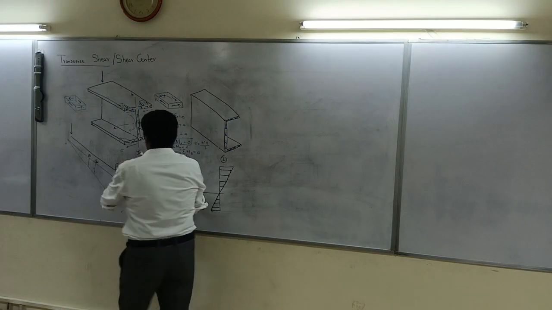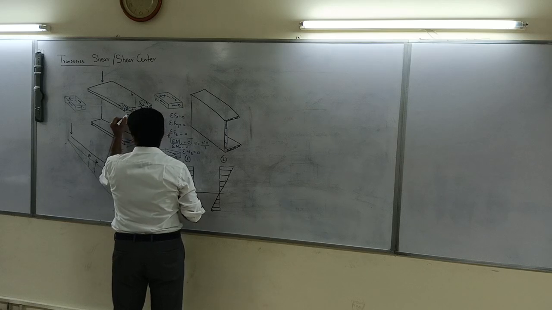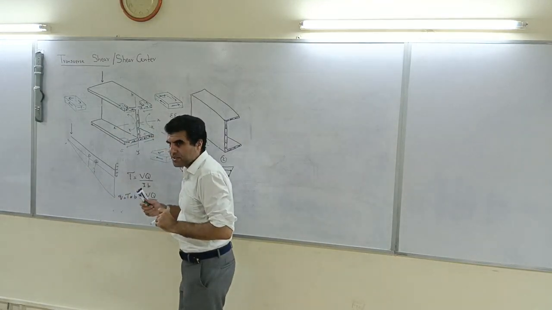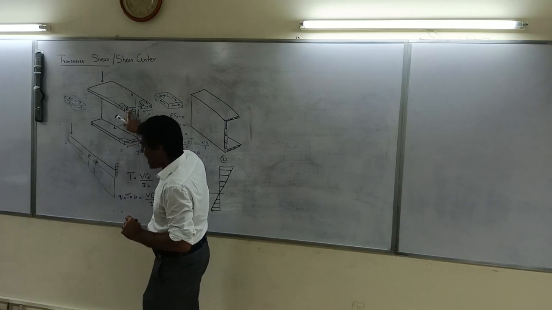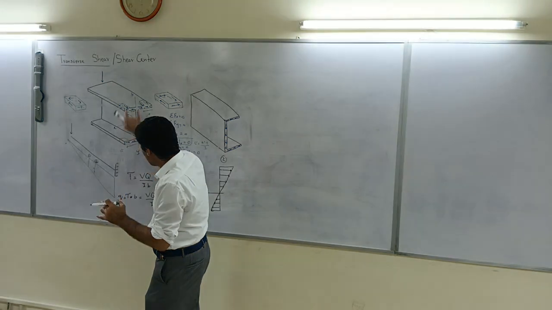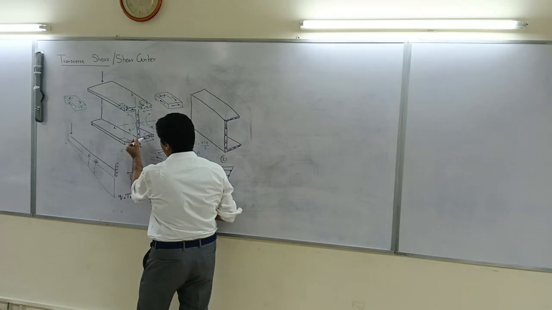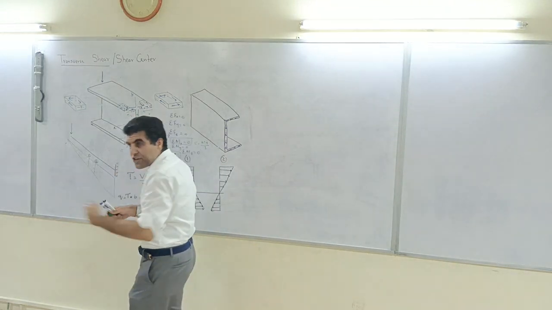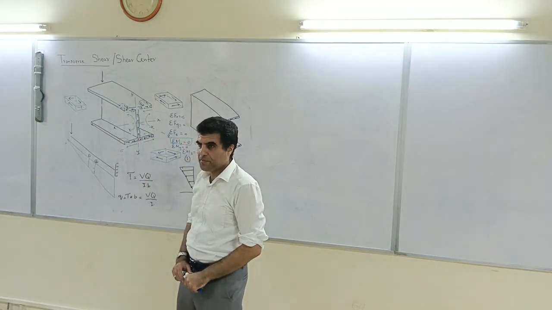So I will have a moment in this direction and a moment in this direction. These both moments, this flange force and this flange force, they are causing moment, isn't it? This is equal and this is equal. Agreed? This one and this one are causing opposite moment, so they are 0. So in the symmetrical cross section, all of these are fully satisfied.